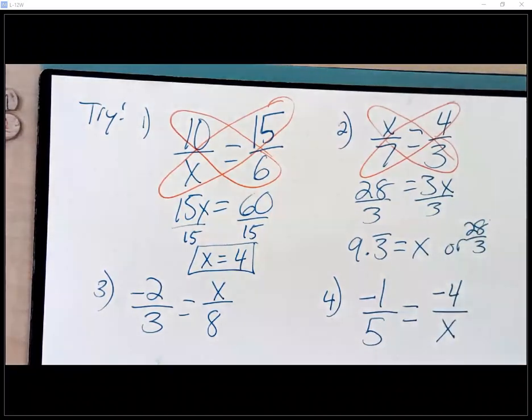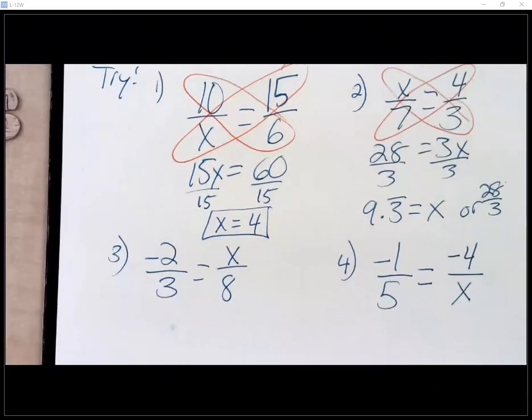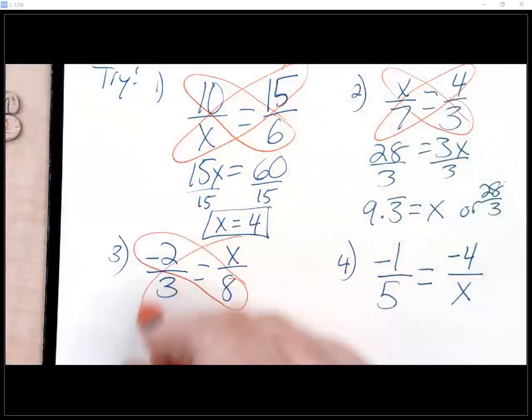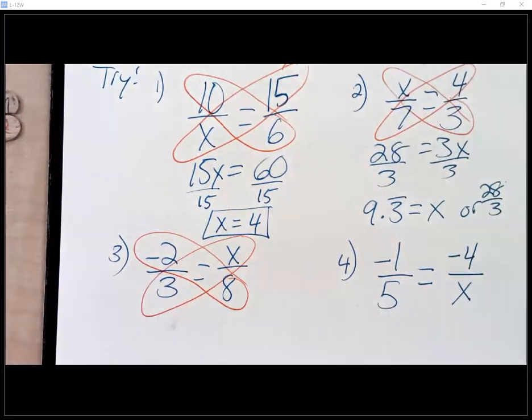All right, let's try the third one. I don't think this one comes out nice either. So this one probably has a decimal as well. Ash, what'd you get on the third one? Let's do it together. What do you get when you multiply 3 times x? 3x.